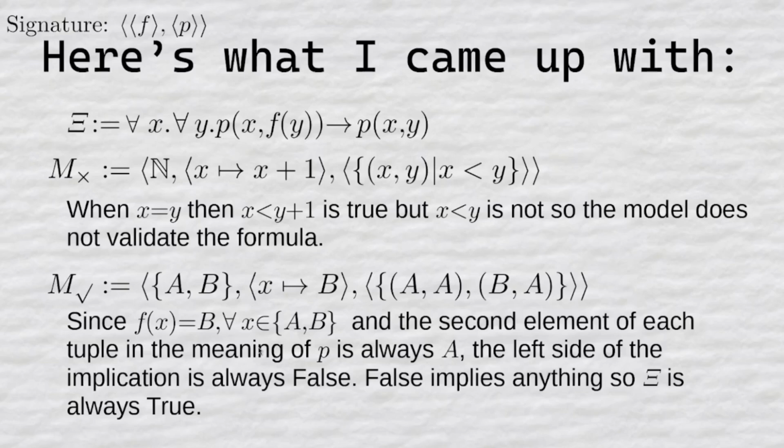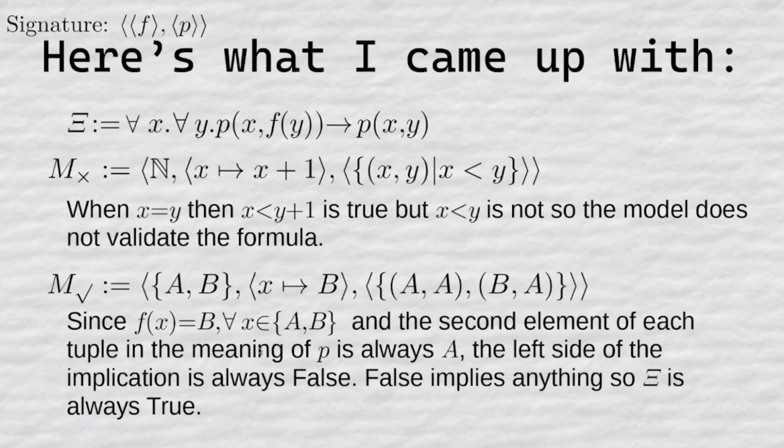Our example of mcross is the following. We've got our domain being the natural numbers, and our function f is going to map x to x plus 1. And our predicate P is going to be x and y such that x is less than y. And this is a for all x, for all y. So if we can find one counterexample case, then we can prove this isn't true. One of these counterexample cases is x equals y.